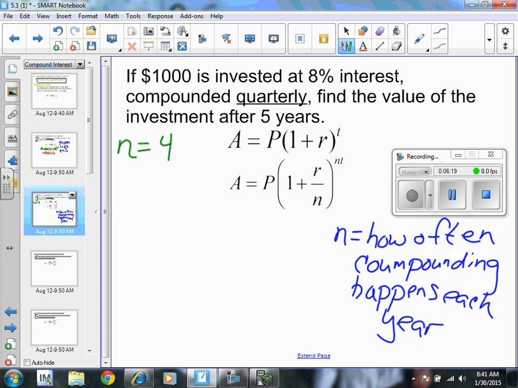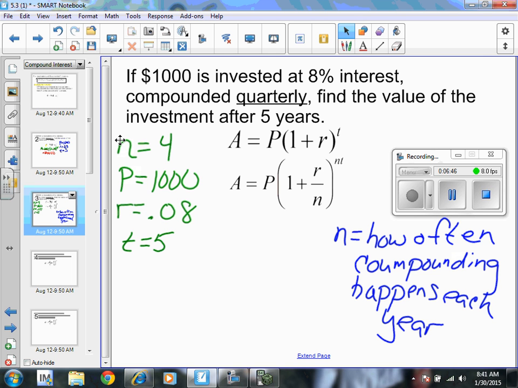Quarterly, like a quarter. 4 quarters in a dollar. Anyway, yes, quarterly, 4 times a year. Everything else is the same. Principal is 1,000, and rate is 0.08, and time is 5.